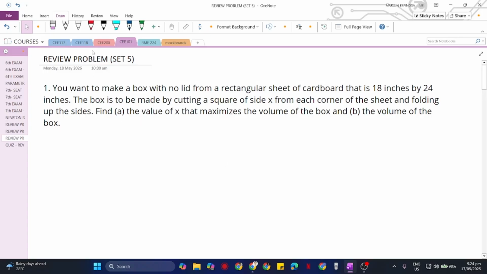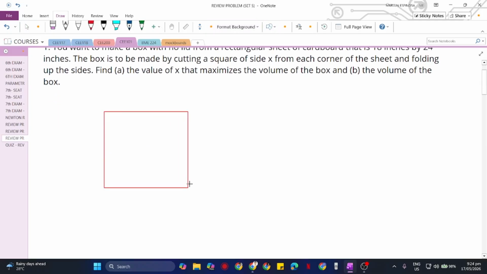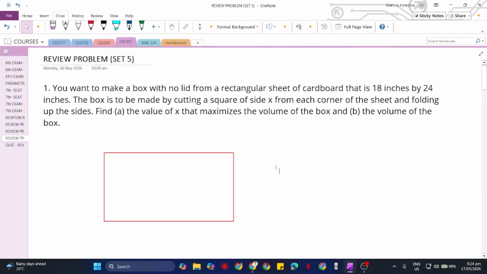Okay, so let us just draw first a rectangular sheet, and out of this sheet we will be cutting a box with measurement X from each side, for example, like this one.